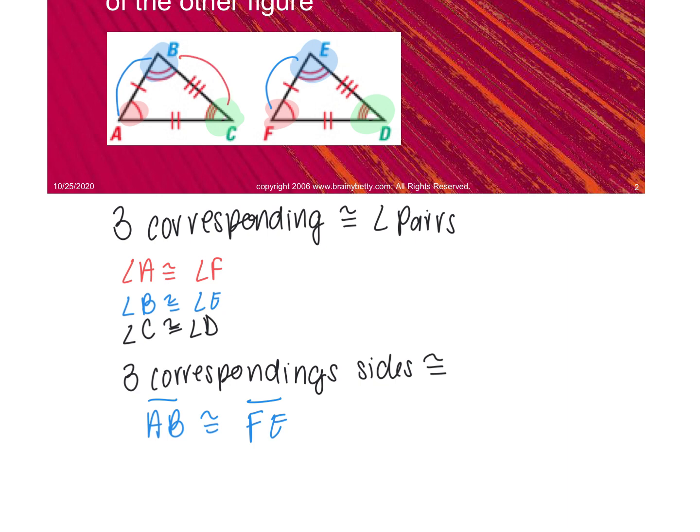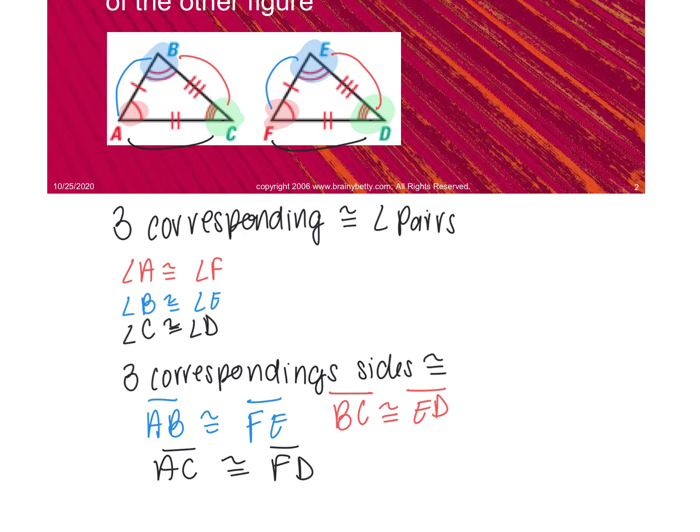Then I have BC is congruent to ED. And then the last one is AC is congruent to FD. So we're just matching sides with angles.